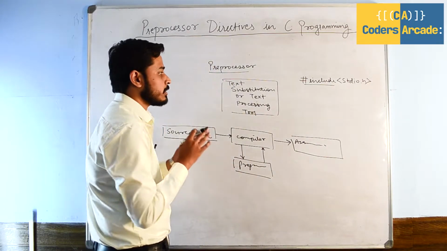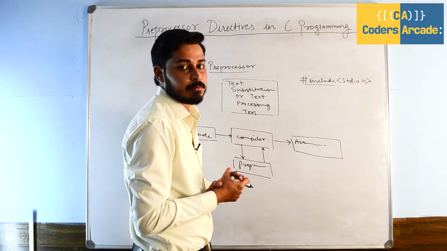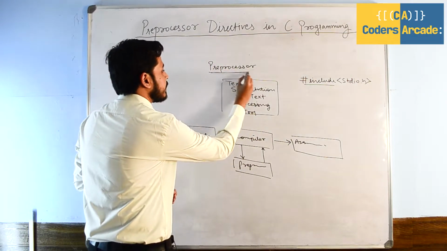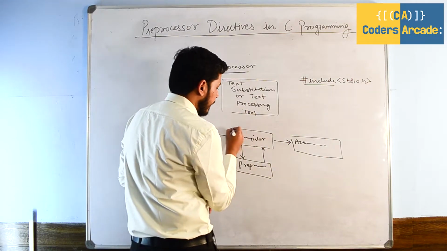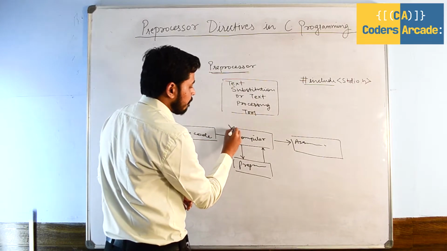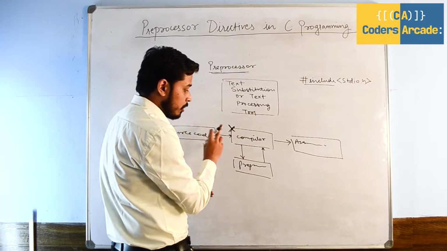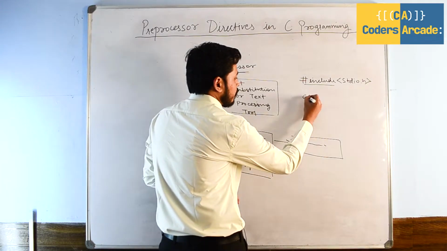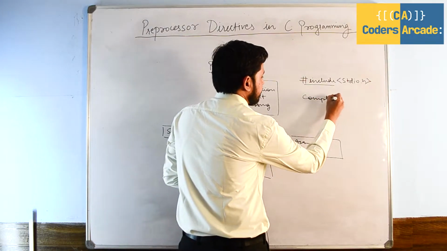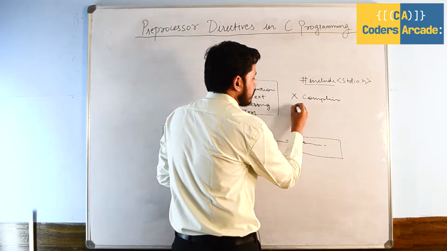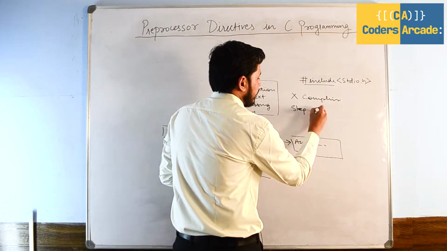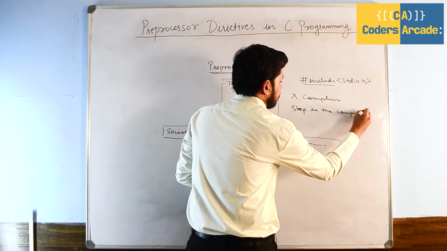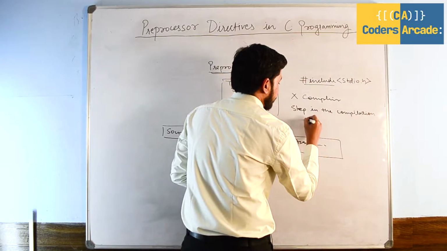Now the point that you need to remember about preprocessor directives in C is that a preprocessor is not part of the compiler, but it is a step in the compilation process.